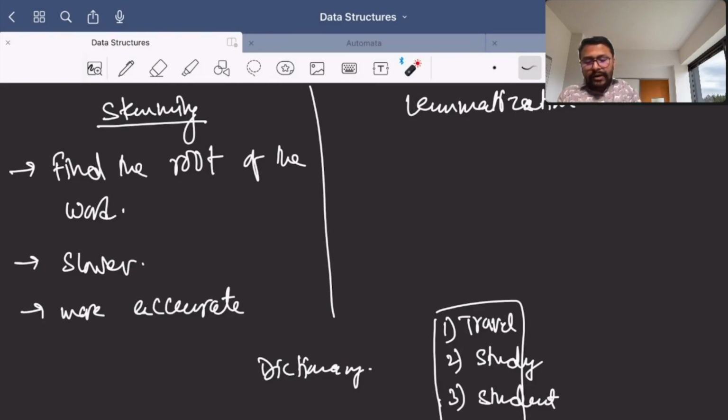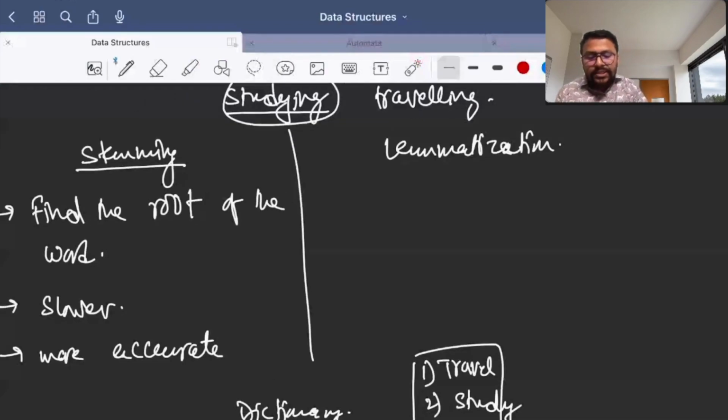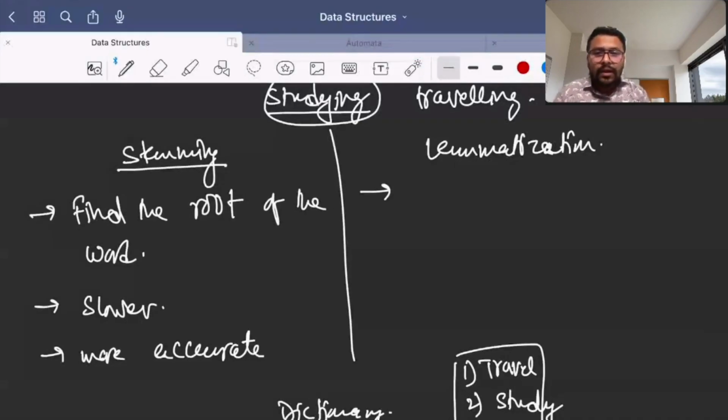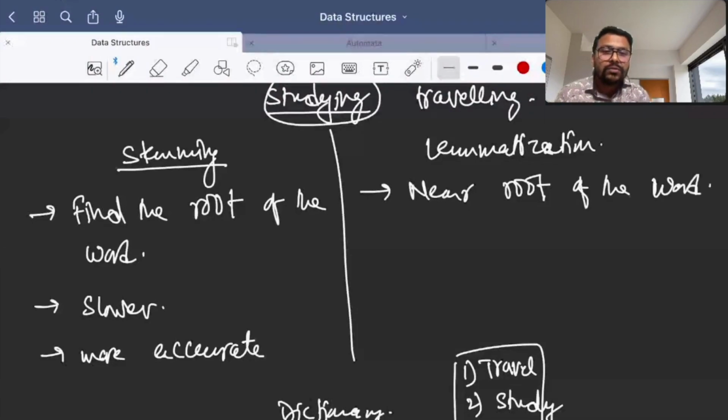It is more accurate because we will get the exact word which is the stem, the root of that particular word. Whereas lemmatization is also used for the same purpose, but it does not find the root of the word. It finds the near root of the word, not exactly the root, but near to it.